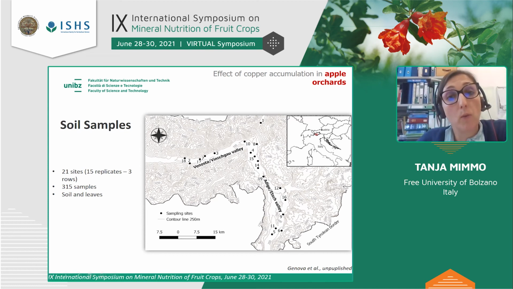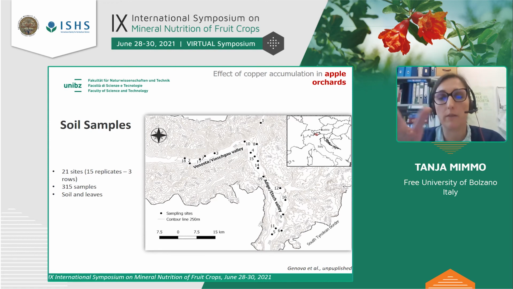And we also have quite high copper concentration in these soils. So we chose these 21 sites, which had also a kind of copper gradient, ranging from a couple of milligrams per kilogram up to 600-700 milligrams per kilogram.